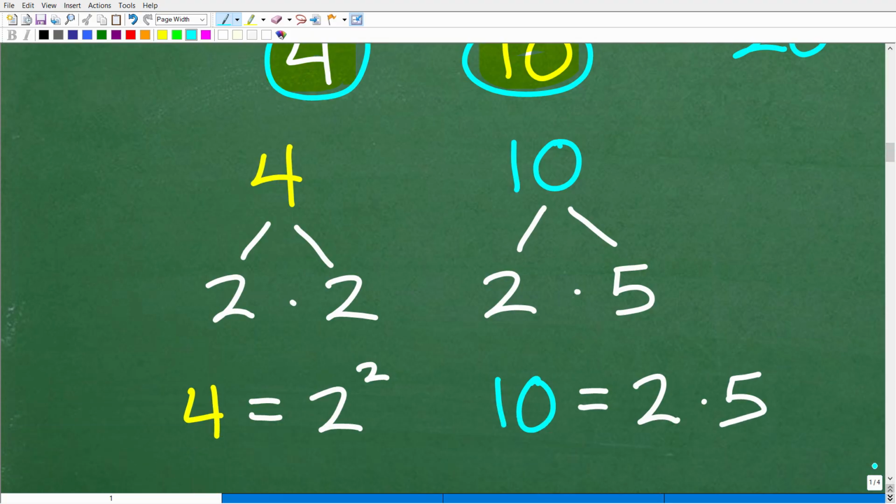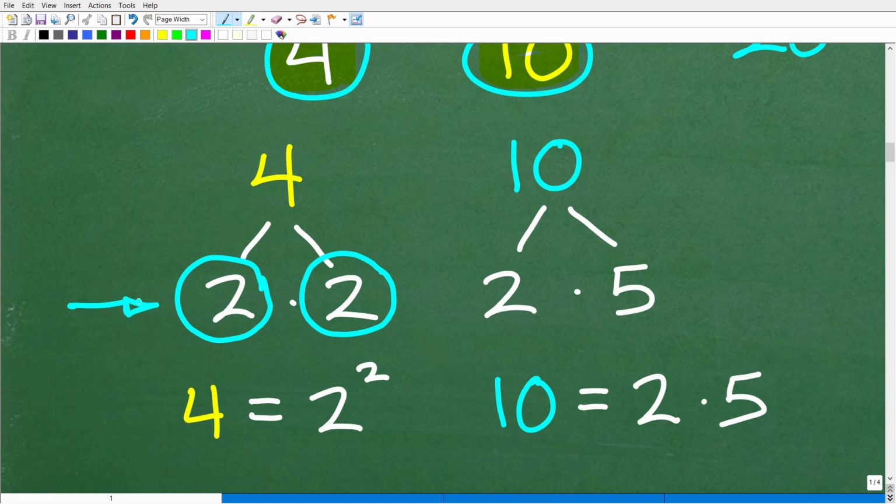Anytime you want to find the prime factors of a number, a great way to do that is using a factor tree. So 4, you want to just start factoring this number. The only way we can factor 4 is 1 times 4 or 2 times 2, and 2 is a prime number, so you would circle this, and this 2 is another prime number. So 4 we can express as a product of prime factors, in this case 2 times 2.